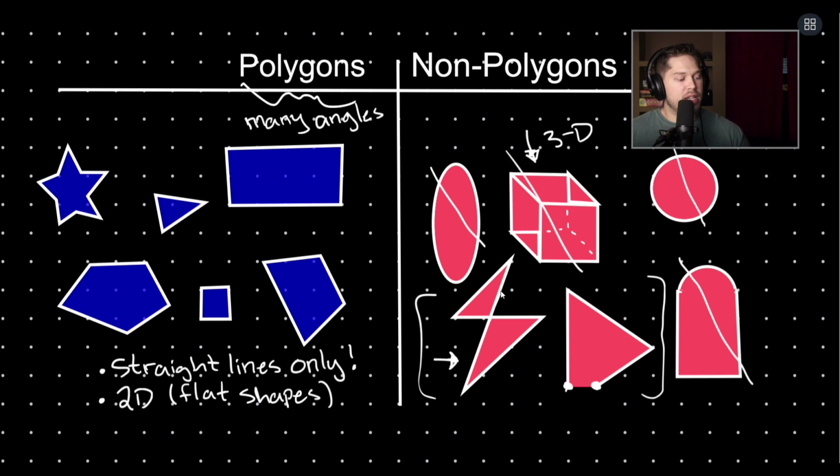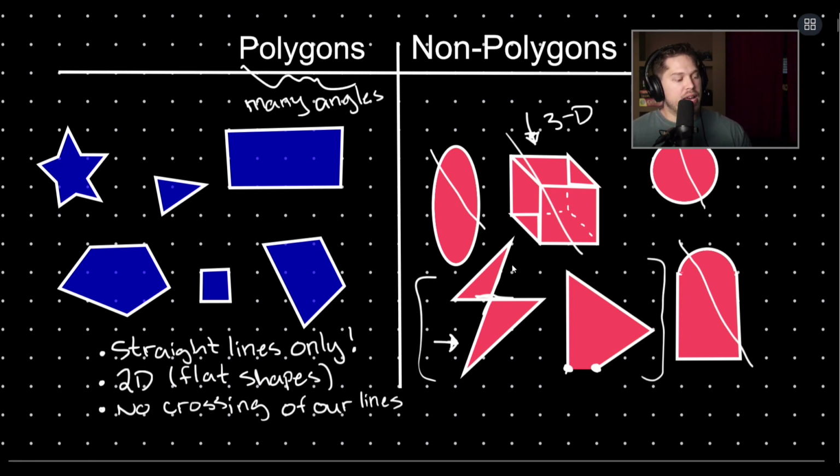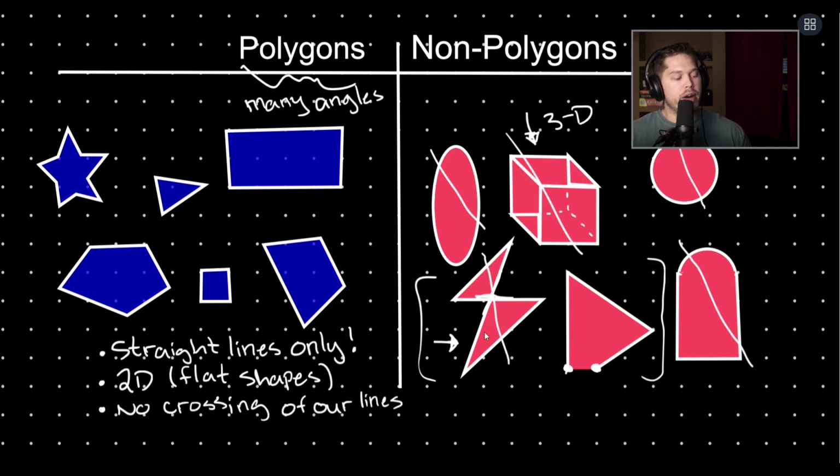This line and this line cross. Polygons' lines never cross. We don't have any shape over in our polygon column with lines which cross. So, no crossing of our lines. That's why this shape is not a polygon.